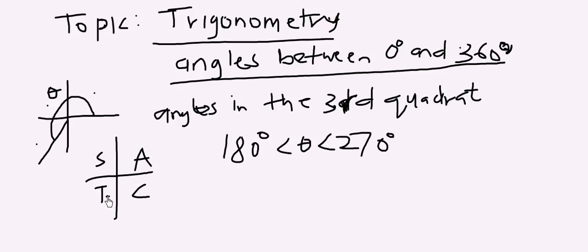So how do we find angles that lie between 180 degree and 270? Say sine of angles, cosine of angles, and tangent of angles. Let's take, say, 220 degree.